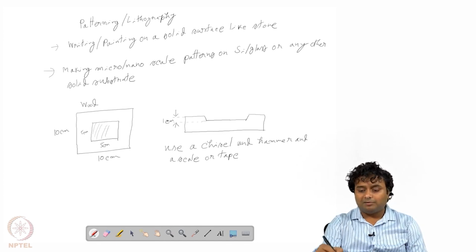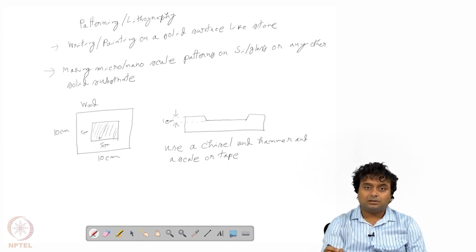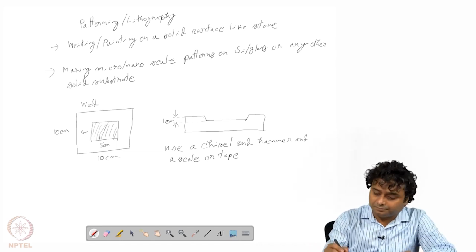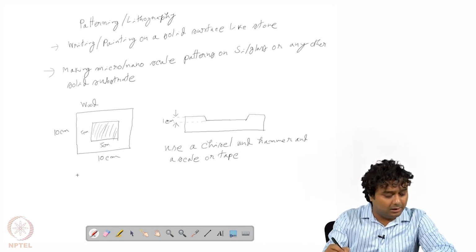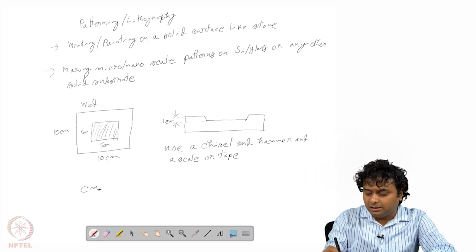Now, assume that we want to do the same process, but in a different dimension, that is, we change centimeter to micrometer.